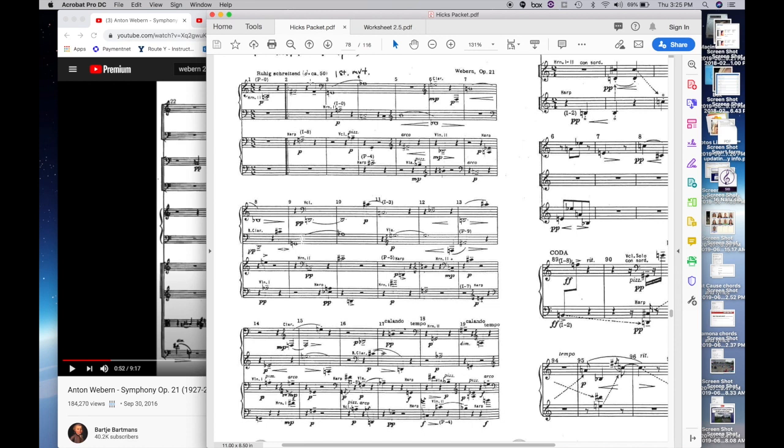As we discussed, Webern wants to have certain pitch classes associated with one another in order to create this canon.